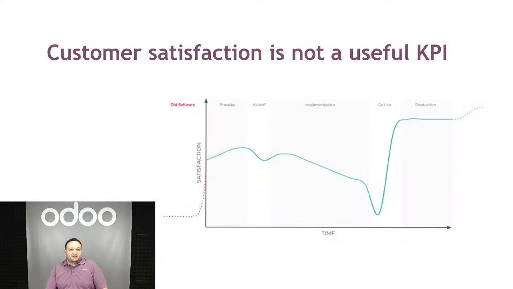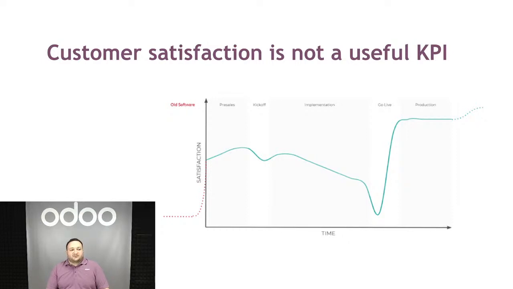Now, another key concept is customer satisfaction. Do not be driven by it. Input from the customer is of course important, but their satisfaction changes with the phase of the implementation. At the beginning, they might be a little confused. They're struggling to understand the software. They're not trained enough, so their satisfaction will go a little bit down.